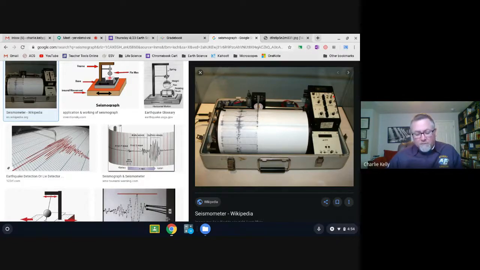If the earth moved, the recording drum and support moved, but the mass did not. The line on the paper thus became zigzagged instead of straight. The height of the zigs or zags showed the strength of an earthquake, especially of its waves. A seismographic recording is called a seismogram.